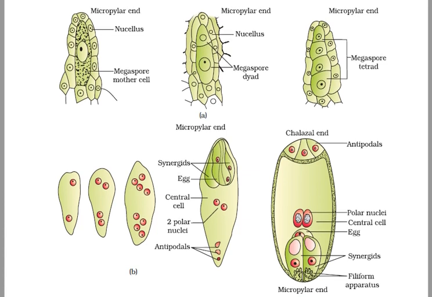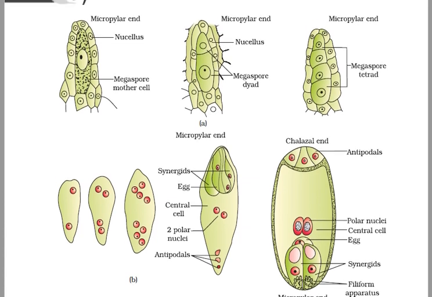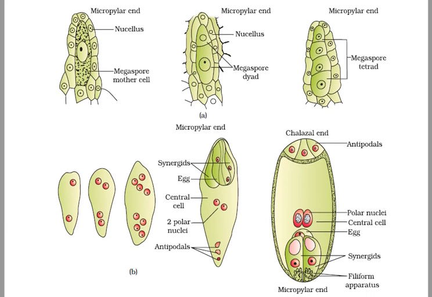This megaspore mother cell undergoes meiotic division. So in meiosis 1 it forms 2 cells, which is represented by the megaspore dyad, which you see in figure A.